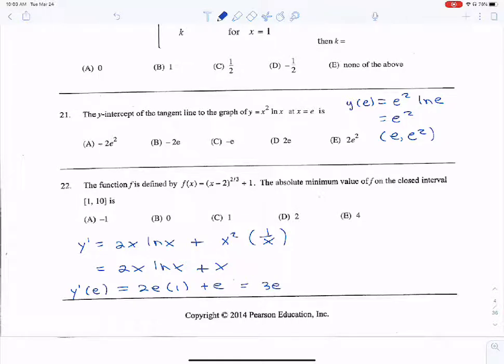So the equation of my line is going to have a lot of e's in it, but my equation of my line is going to be y minus e squared equals 3e times x minus e, and then I can solve that for y and simplify it. Okay. Any other question? Before I finish up number 21, are there any follow-ups on that one? And then we'll go to number 20.